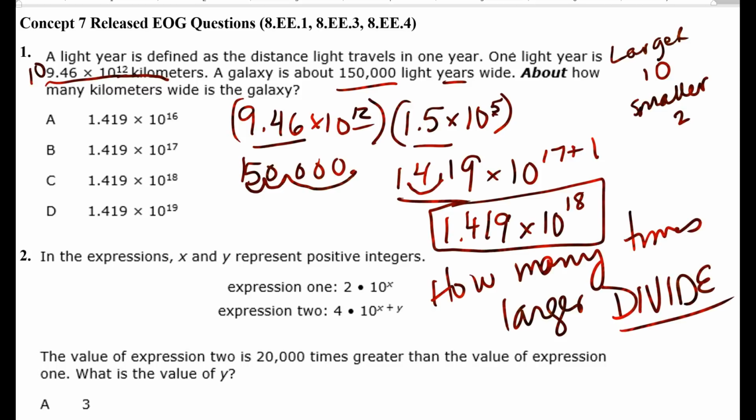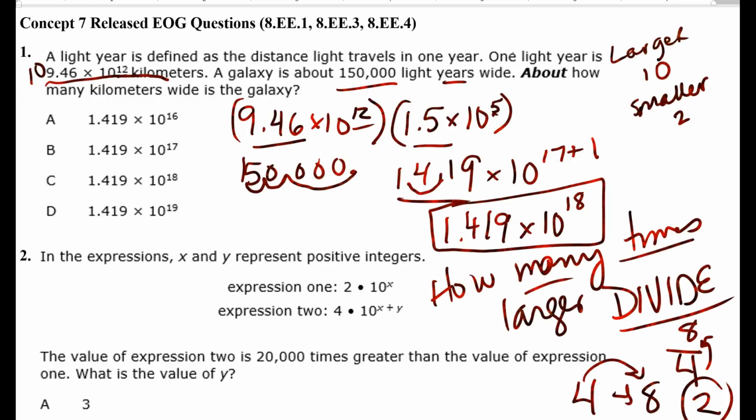If you're saying how many times larger is 8 than 4, well, you'll say, how many times does 4 fit in 8? So 4 fits into 8 2 times. So it's 2 times larger. It's a division problem. When I see how many times, that's what division does. You're asking yourself, how many 4s fit into 8? 2 of them. It goes in there 2 times.